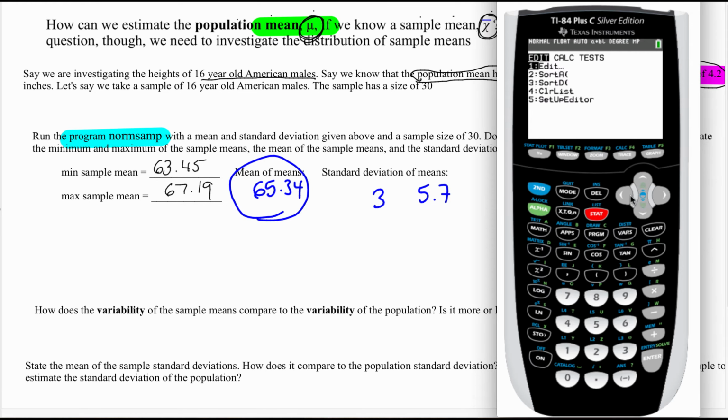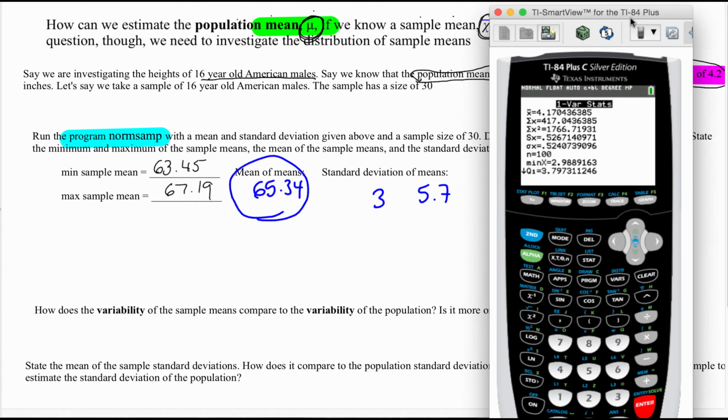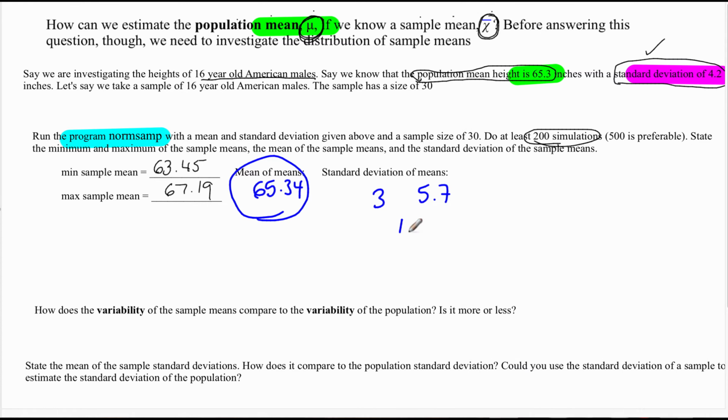Once again, we can calculate one variable stats. This time we want to do it on list 2. And look what the average is, 4.2. Amazing.